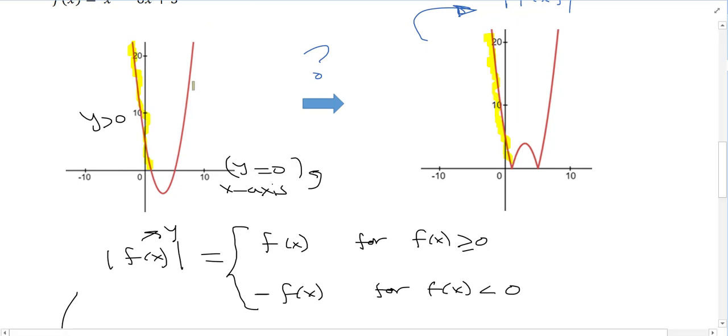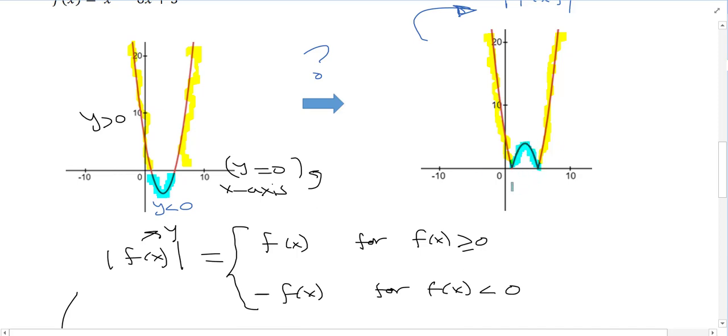The absolute value of a positive number stays positive, and y is negative in this part, where y is less than 0. So when we're less than 0, we do the opposite. It's negative, we want it to become positive, so that's why that little loop down here comes up here, because anything that's negative, we're making positive.